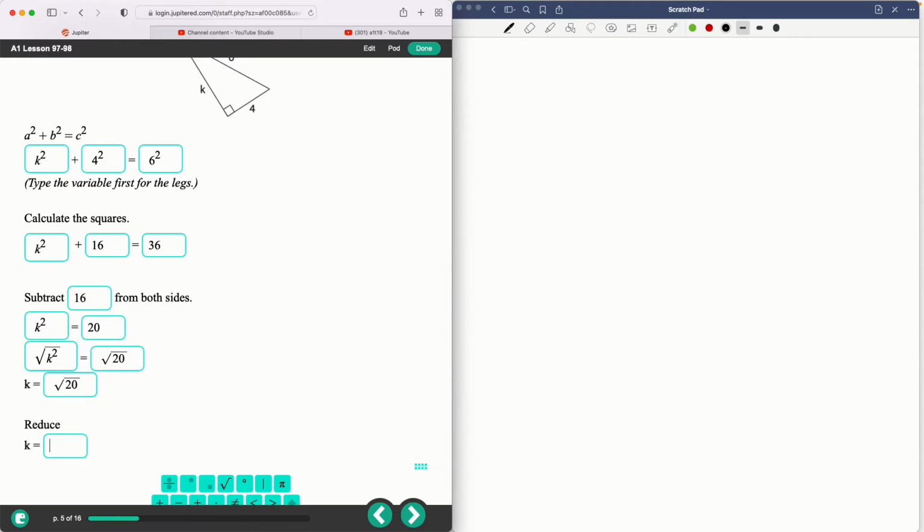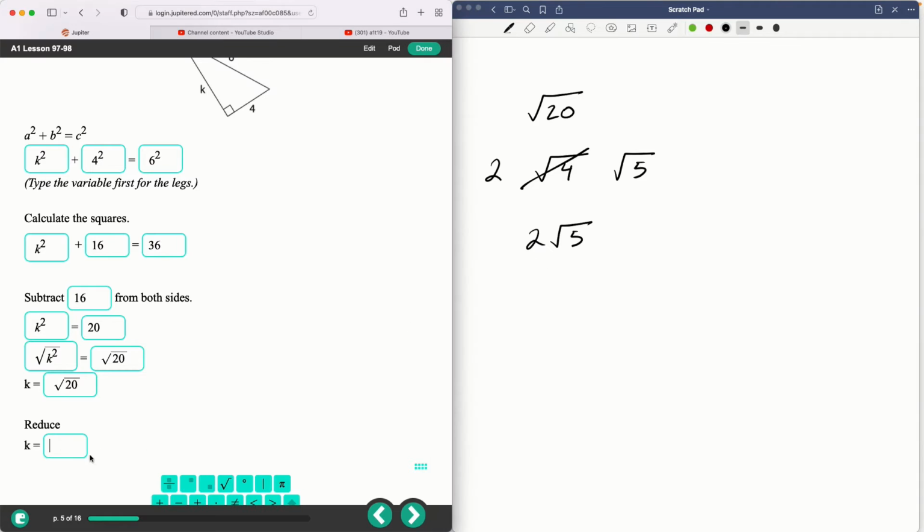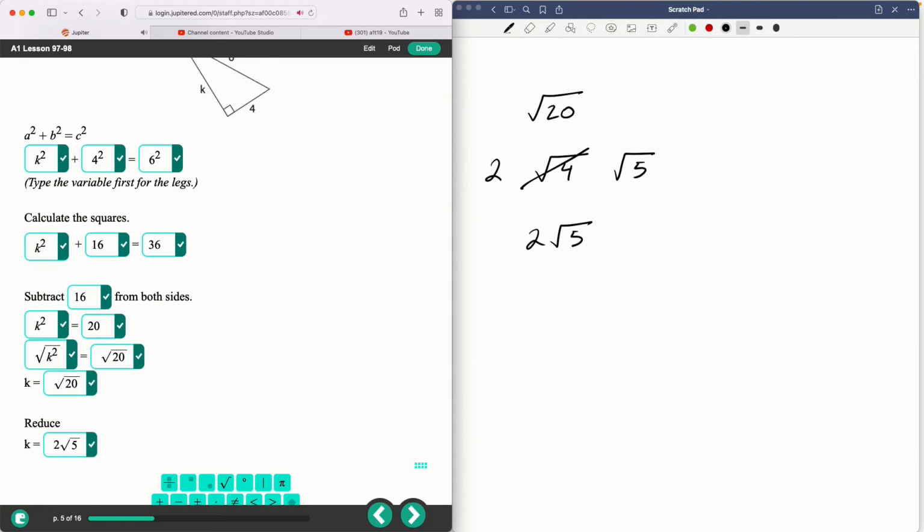This can become 4 times 5. We know the square root of 4 is 2, so that becomes 2 times the square root of 5, and that's what we would put down here. 2 times the square root of 5, and then we'll check it, and they're all correct.